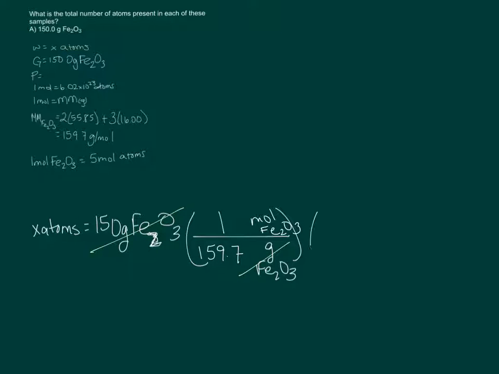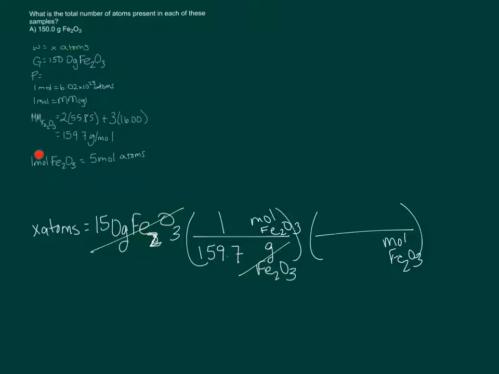All right, next conversion factor. What do I want to get rid of? Well, I definitely don't want the mole. I want atoms, right? So we need to get rid of the mole. So moles of Fe2O3. Well, what can we do here? Let's take a look. I have moles of Fe2O3. This is just in general, 1 mole equals that many atoms.